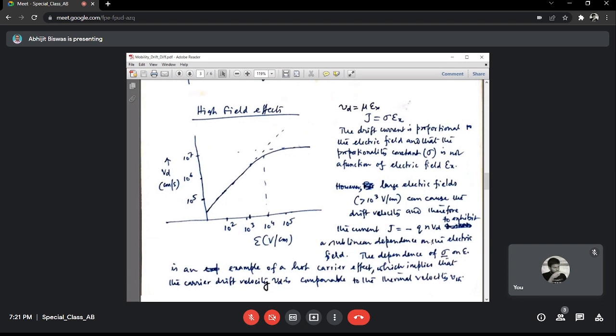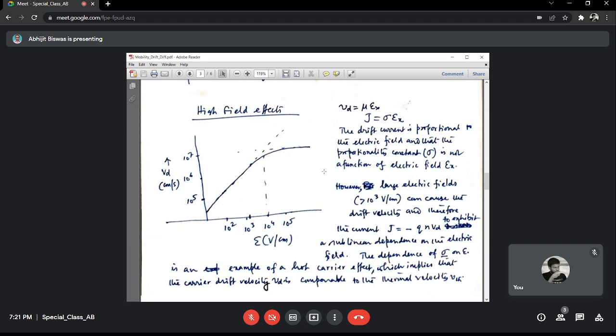So if there is a very high amount of energy which carriers can gain from the electric field, the excess amount of energy will be released by emission of these optical phonons. Therefore, this saturation velocity is maintained.